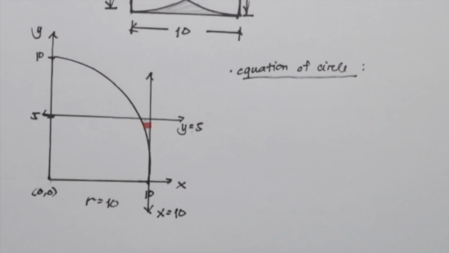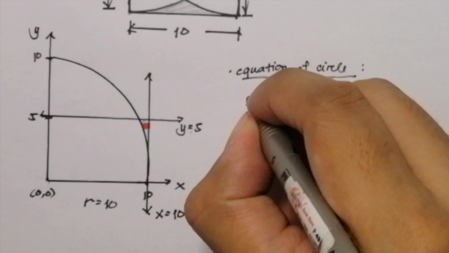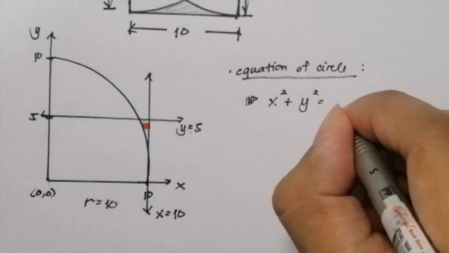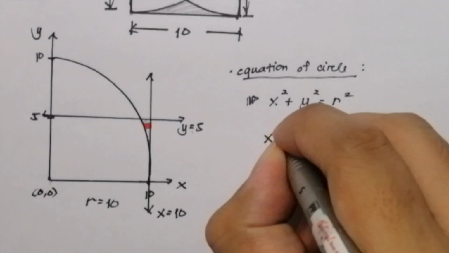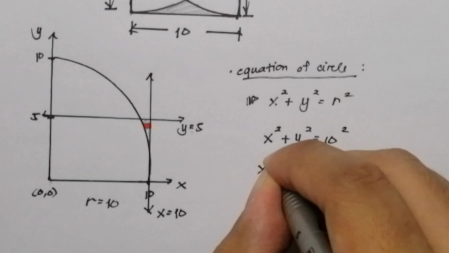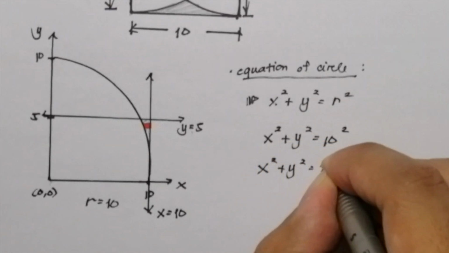we can say that the equation of the quarter circle is x squared plus y squared is equal to r squared. By substituting our values, x squared plus y squared is equal to 10 squared.